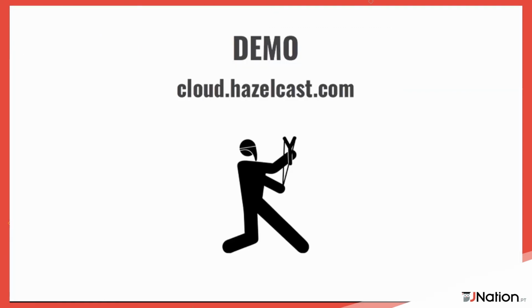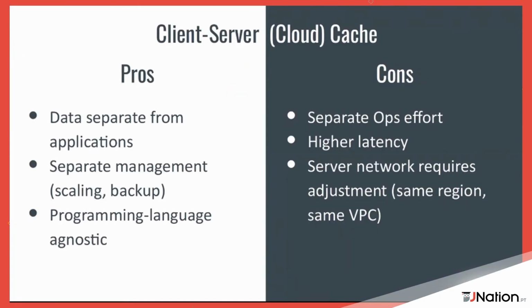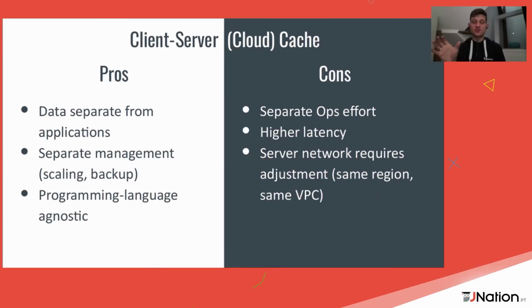Coming back to our presentation, these are the pros and cons of using client-server and cloud cache topology. From the good sides, data is separated from the application. As I told you, it's a must-go for big enterprises. They want to have their data separated from the application.